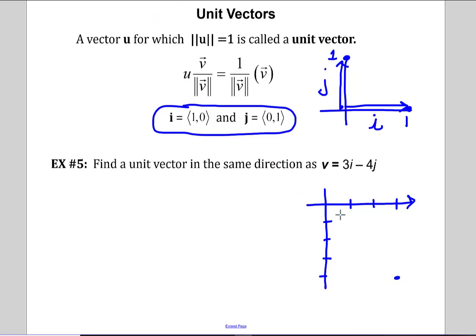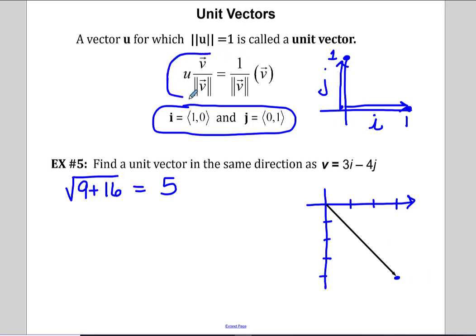So this vector from the origin terminates at that point (3, -4), which means the hypotenuse is going to be the square root of 25, since a squared plus b squared is the square root of 25. So the length of this vector is 5 units long, and our job is to find the unit vector.